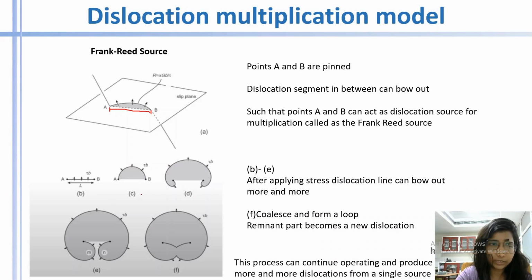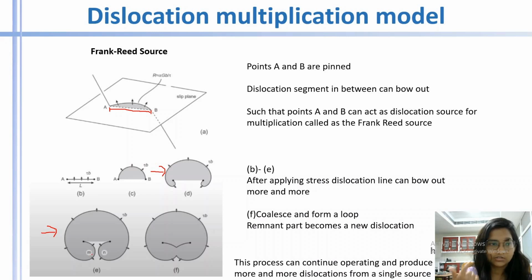From C we go to D, and from D we come here to E. As it bows more and more, it becomes like a semicircle, and when it is very close, after the point E, it will coalesce and form a loop, and the remnant part becomes the origin of a new dislocation.